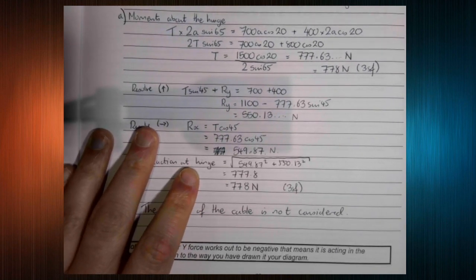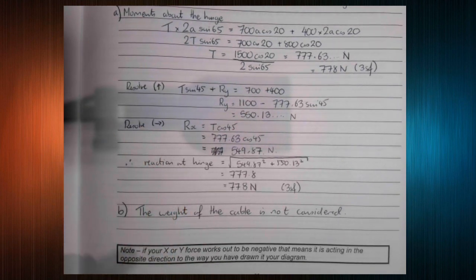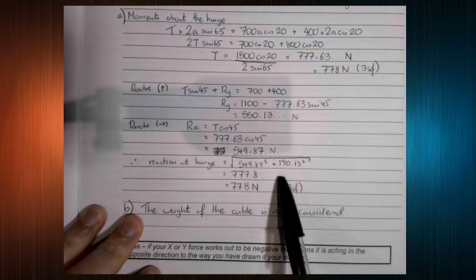Sometimes, very rarely, you might find that one of the components, X or Y, comes out as 0. That's fine. All it means is that the reaction force is entirely vertical or entirely along the rod. If that happens, then oh well, it just happens. But don't assume that that's going to happen. More likely, it's going to be this kind of thing.